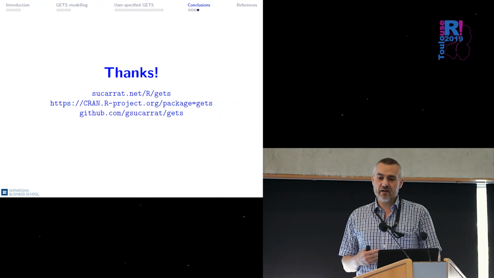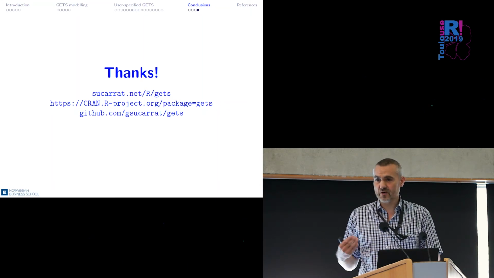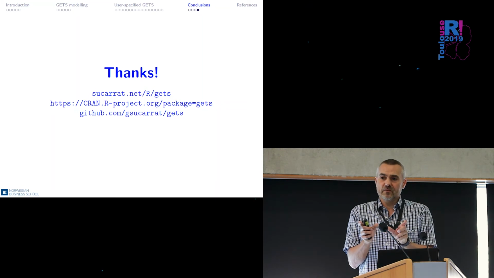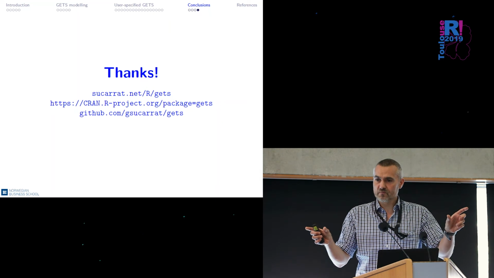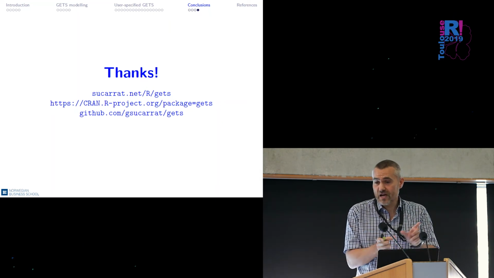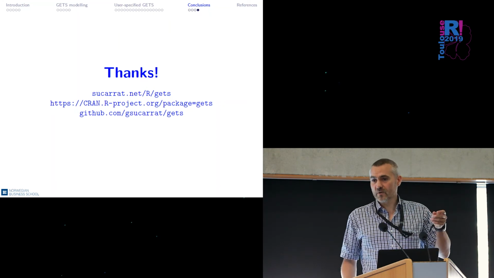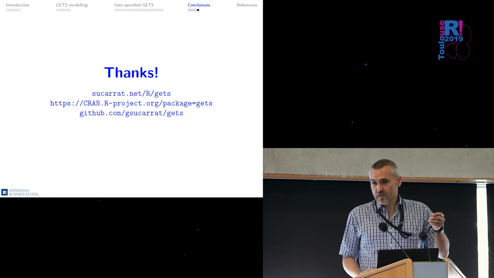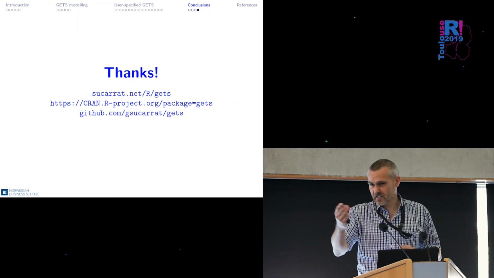The way this is enabled in GETS, and which we plan to enable in the user-specified part, is by organizing the full number of regressors into blocks. The challenge is how you combine the blocks so that you conceptually enable more variables than observations and still retain asymptotic properties, which you are aiming at. I think that's an answer to your question.